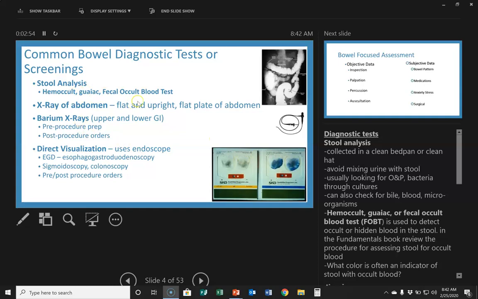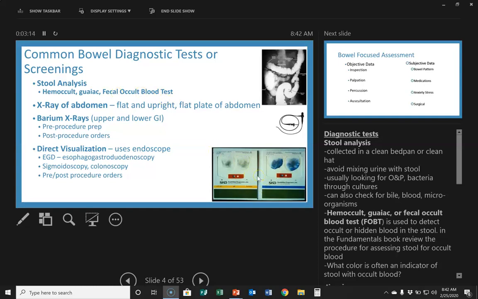Guaiac is just another word for that. And then the fecal occult blood test, this is where it's a corkscrew looking probe that you mark the stool, or you have to puncture the stool in several locations depending on manufacturer and lab protocol, and then that gets sent to the lab to be tested. It's supposed to be more accurate than the slides.